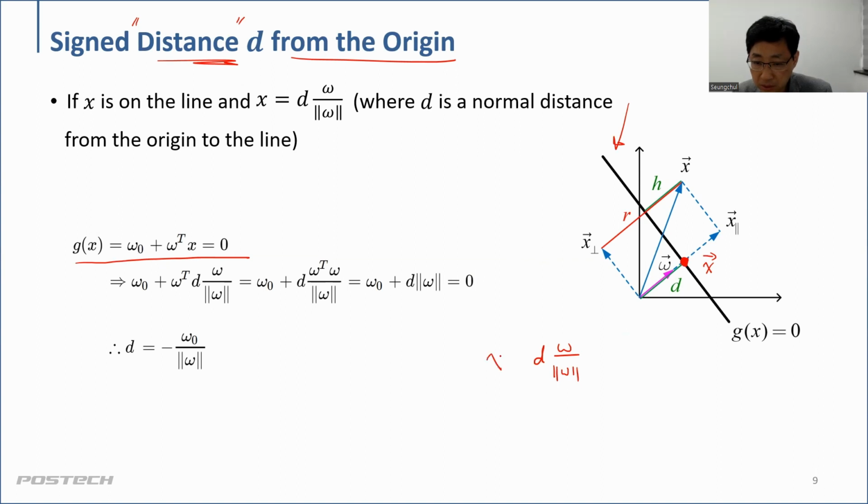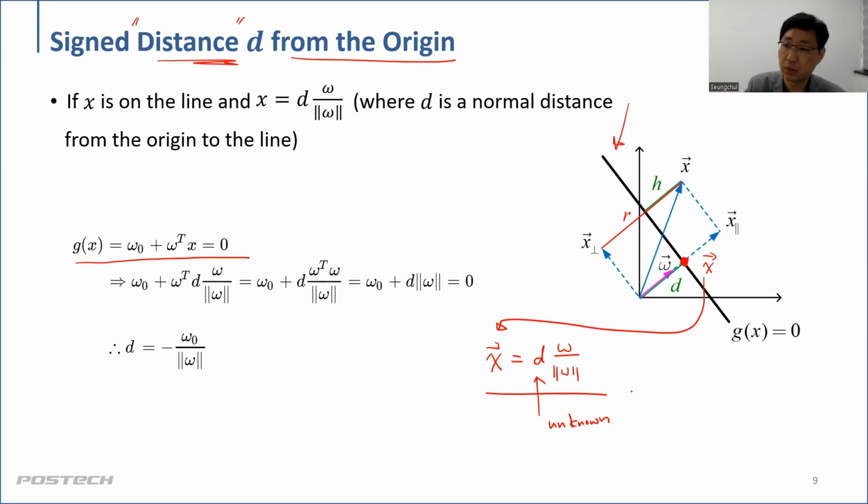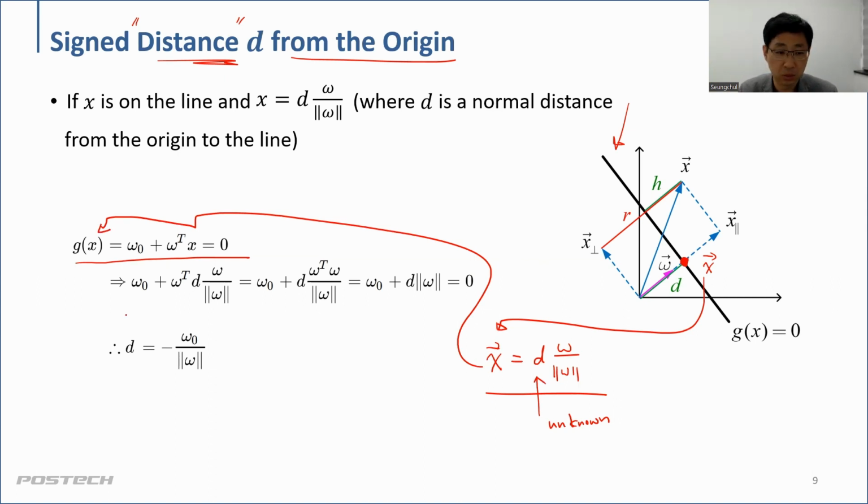This is going to be the vector x. We don't know the distance; we want to calculate it. Another constraint that we know is that the vector x is on top of that line, so it should satisfy that equation.